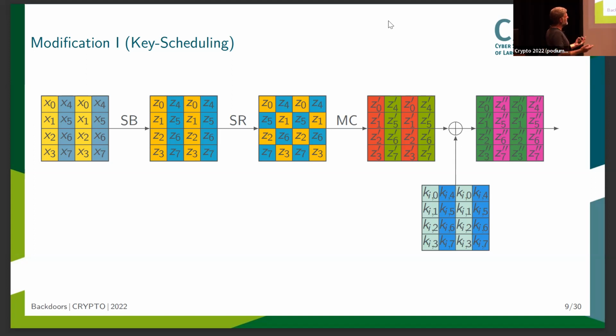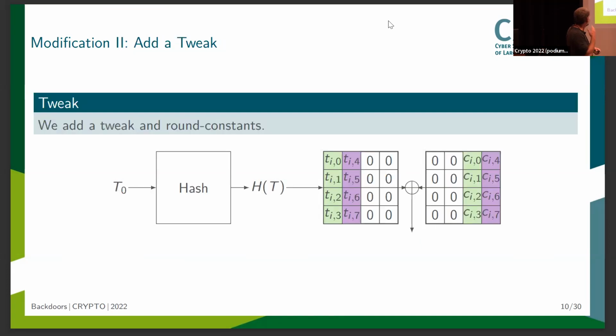Okay, but now the problem is we have a weak cipher that is weak always. So we have to make sure that it's weak only for the tweak, the backdoor that we want to embed. So the second thing is we add the tweak. You take a tweak, T0, you fix it, you randomly choose it, and then you hash it. And this hashing is basically the idea in the malicious framework, how to make sure that you cannot find the backdoor.